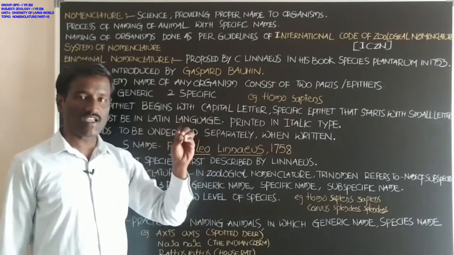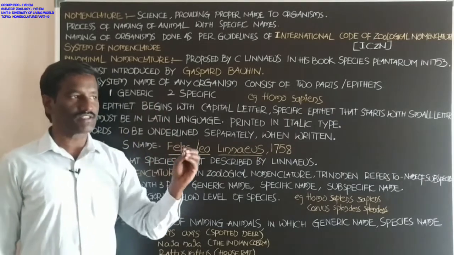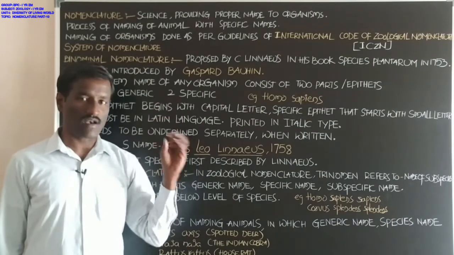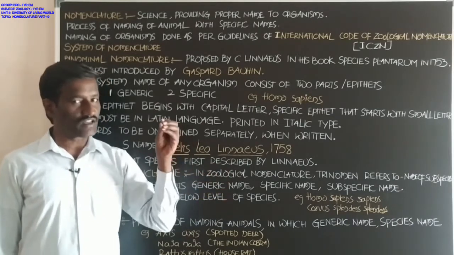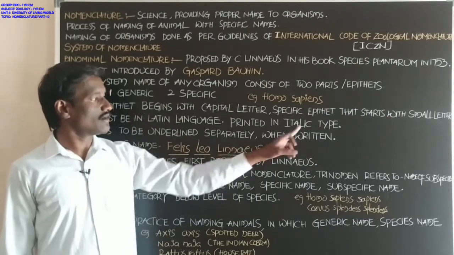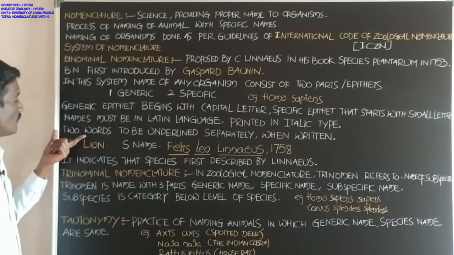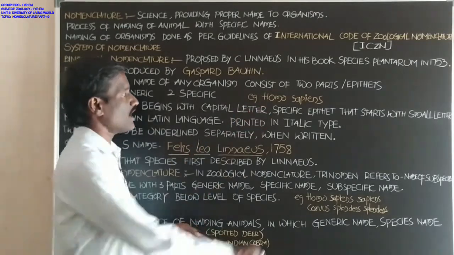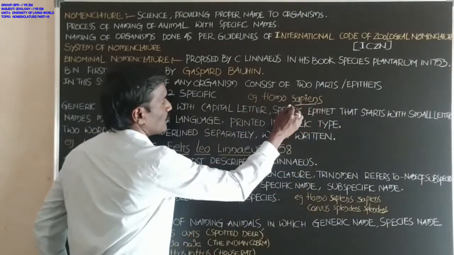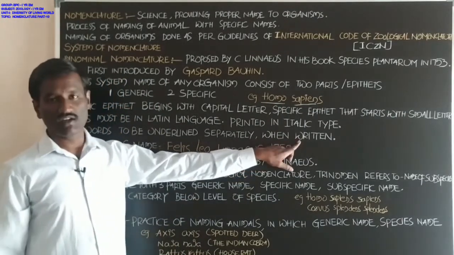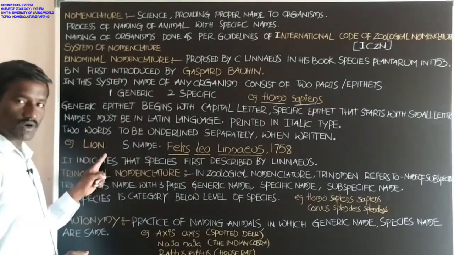These words compulsorily belong to the Latin language, and are printed in italic type. Next, the two words are to be underlined separately when they are written. Observe another example.